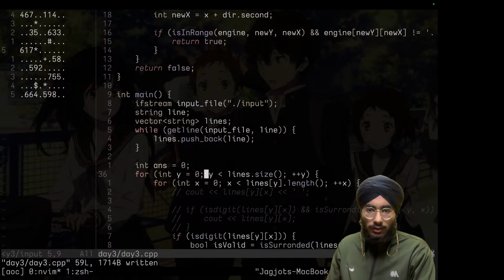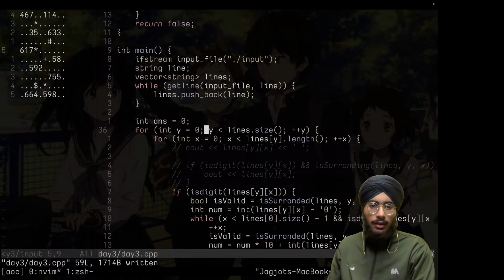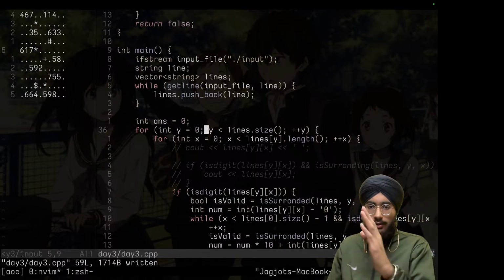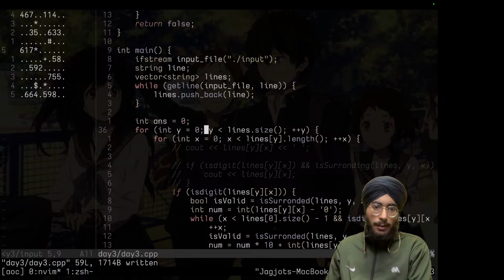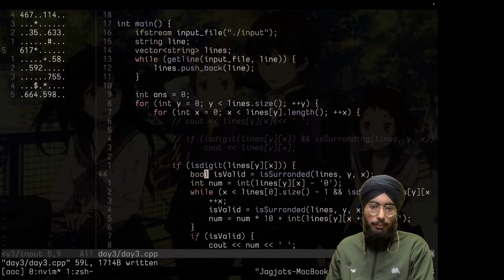Perfect. And answer is equal to 0 for now, for y ranging from here and x ranging from here, right? If is digit lines y and x, okay, then make a bool is valid, is surrounded.